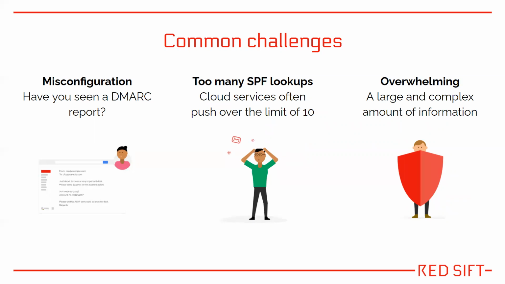Another common challenge is when going through this reporting data, you may find a number of services that are not correctly configured with SPF or DKIM. SPF has a strict limit of 10 DNS lookups to protect against denial of service attacks. And finally, overwhelming, a large and complex amount of information.